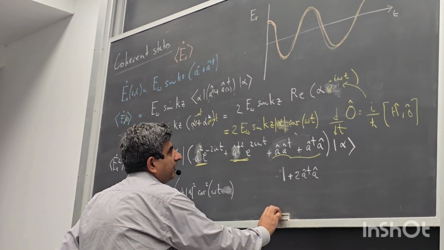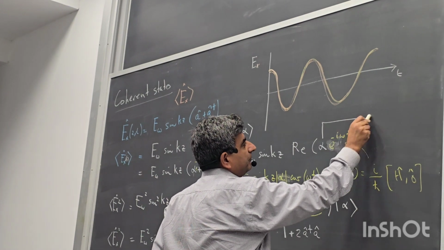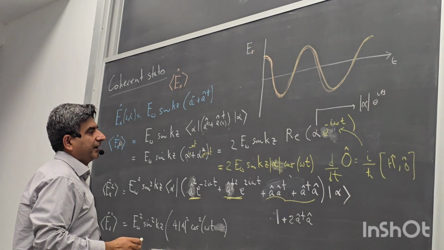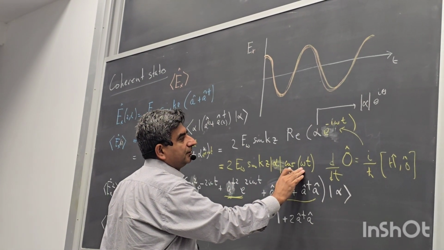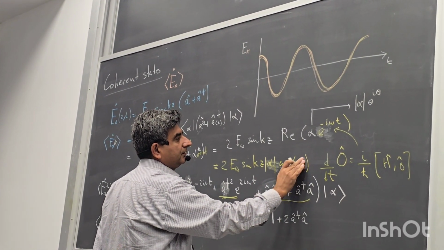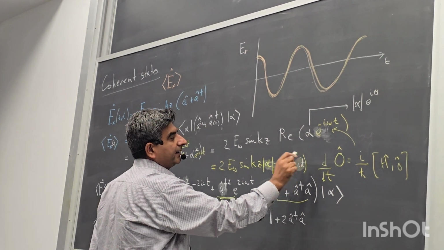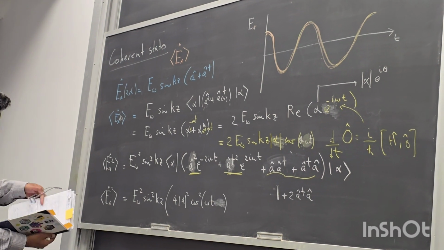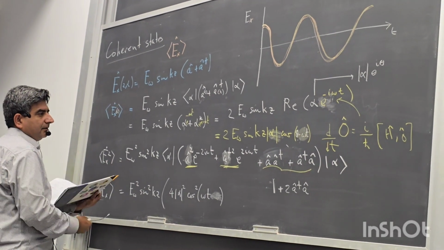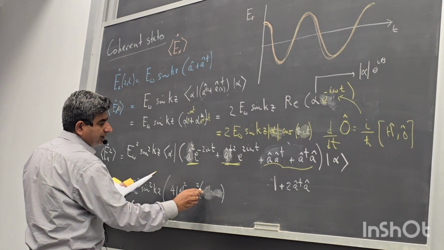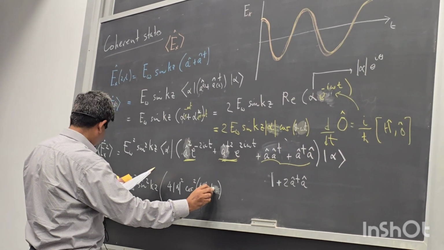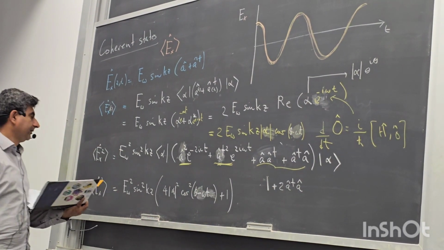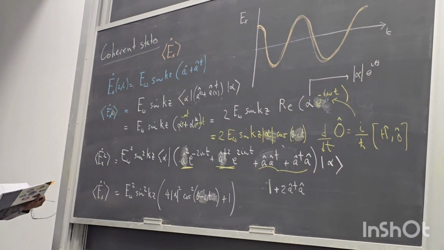I don't need to have this real; in fact, I can put this alpha to be equal to alpha e^(i theta), right? So I can really have alpha theta minus omega t, correct? So cosine square of theta minus omega t plus 1. This is my x square expectation value.